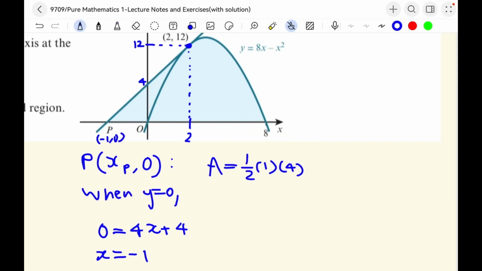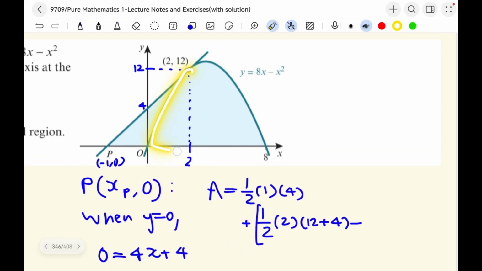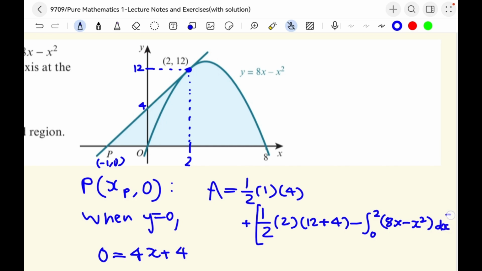Next is the area of the trapezium. Half times, what is the height? It's 2. 12 plus 4. Okay, make a square bracket, minus the area under the curve, which is the integration from 0 to 2 of 8x minus x squared dx.